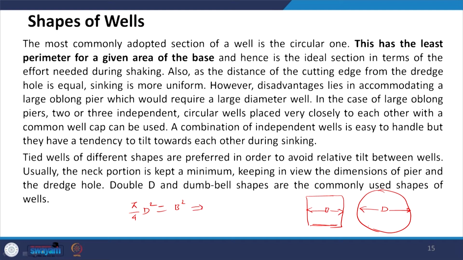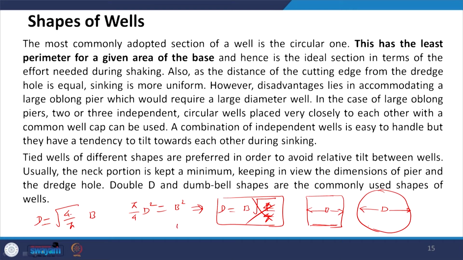So, sorry, D comes out to be the square root of 4 over pi into B, because pi is 3.14.